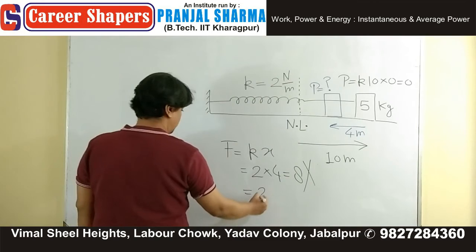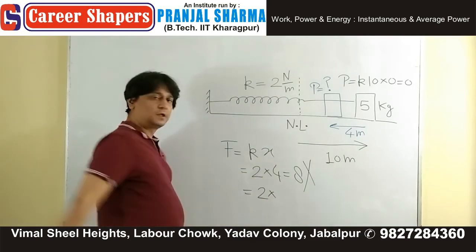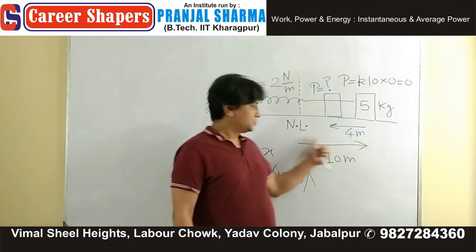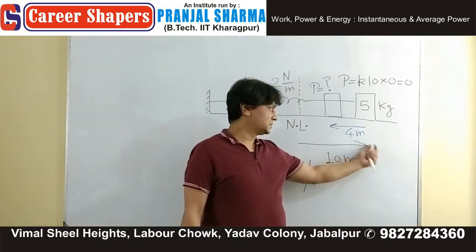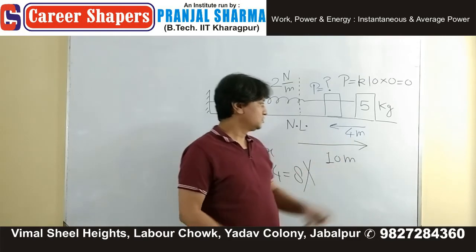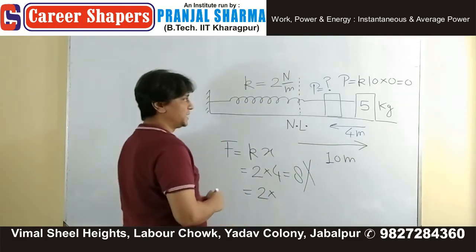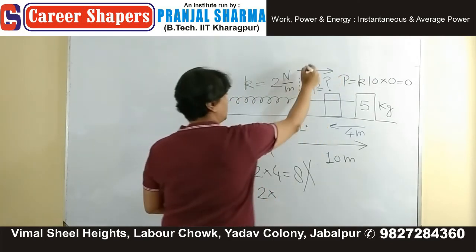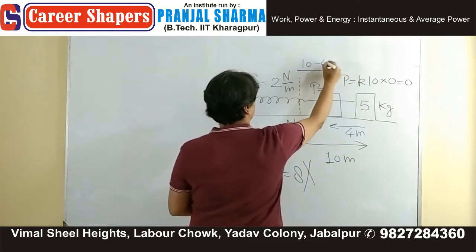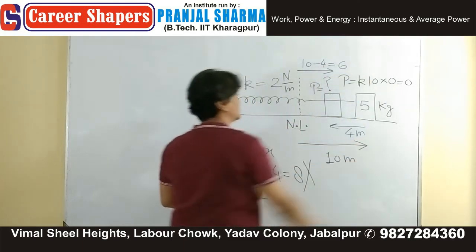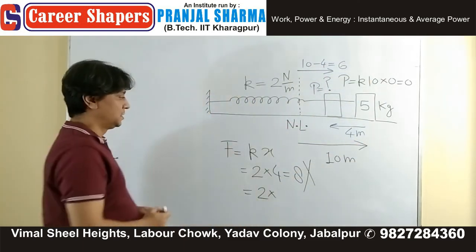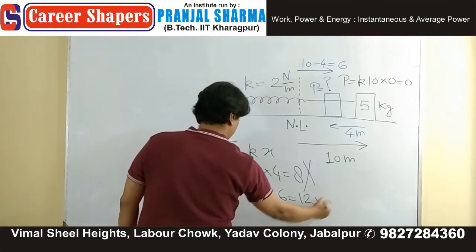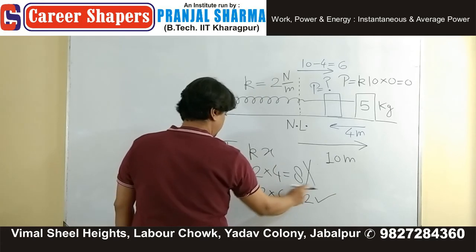Because I told you what is x? Deformation taken from the natural length. So this was displaced 10 meters, it comes back 4. So how much is the displacement right here? The displacement is only 10 minus 4, which is 6. And therefore this is 2 into 6, 12. That's the magnitude of force.